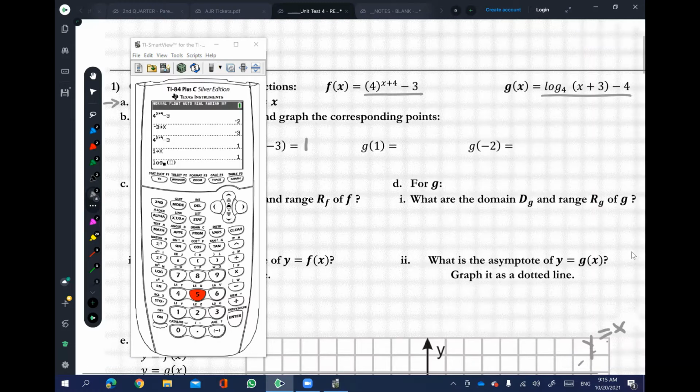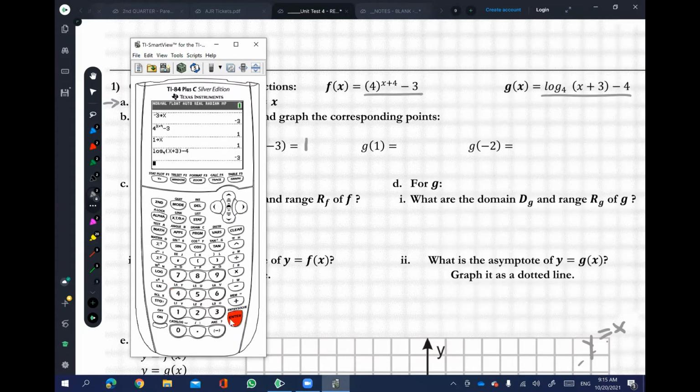So I would have logarithm base 4, right arrow, of x plus 3. I exit the logarithm with the right arrow, -4.